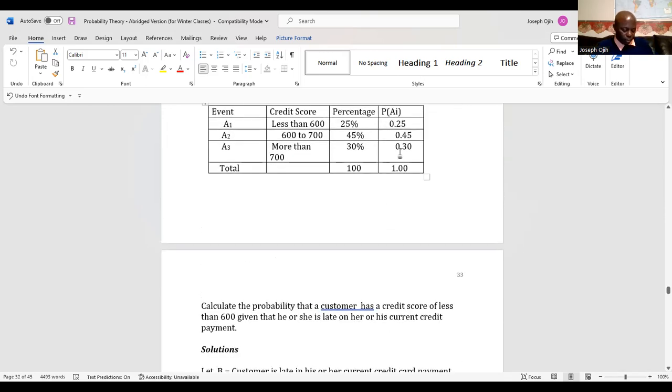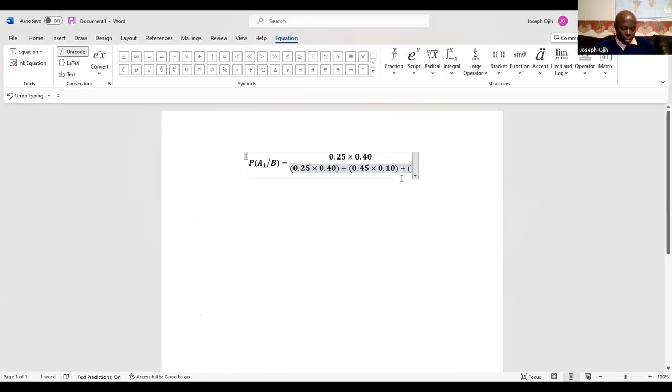So we put it in: 0.05 times the probability of 0.30.